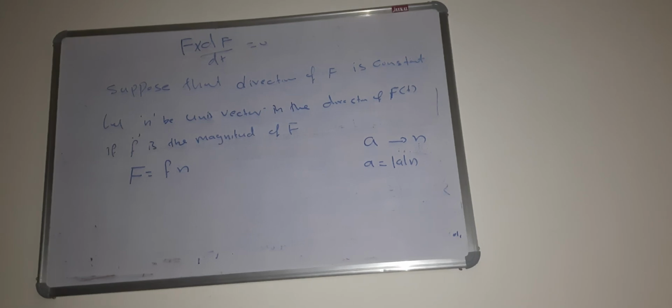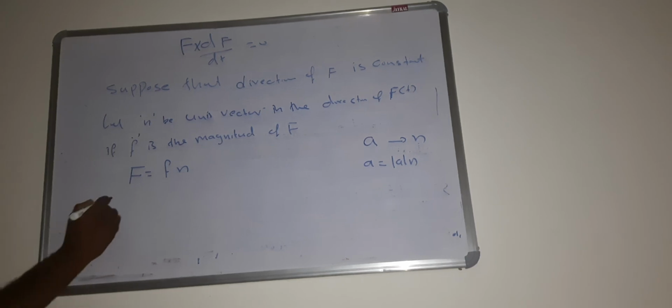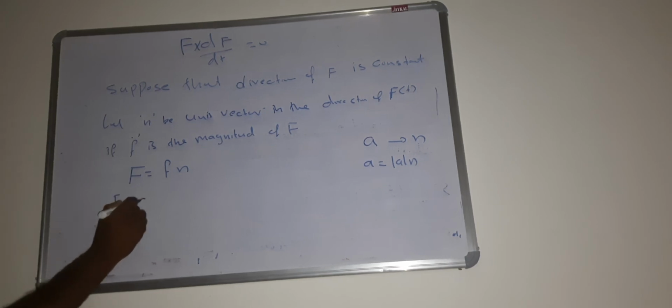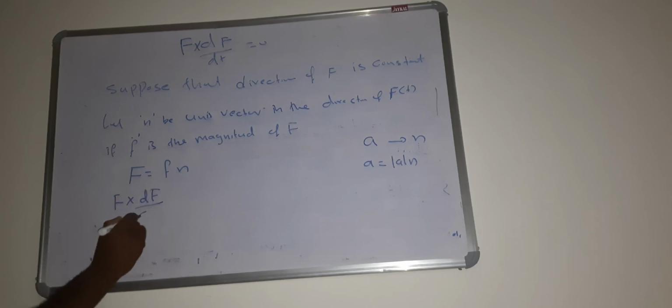ഓക്കെ, ഇതാണ് നമുക്ക് പ്രൂവ് ചെയ്യേണ്ട n കോൺസ്റ്റന്റ് ആണെന്നുള്ള കൺസെപ്റ്റ്. ഇപ്പൊ നമുക്ക് F cross df by dt എന്ന് പറഞ്ഞാൽ എങ്ങനെ എഴുതാൻ പറ്റും?